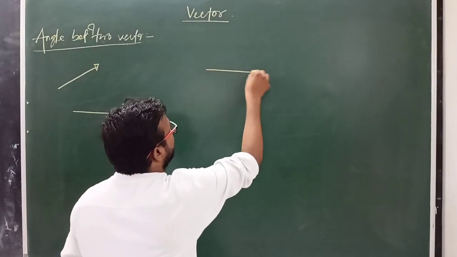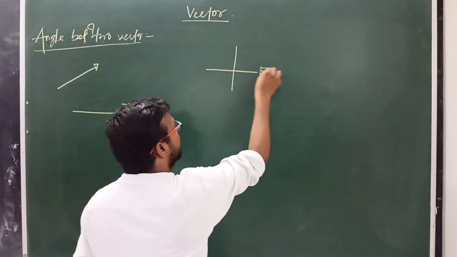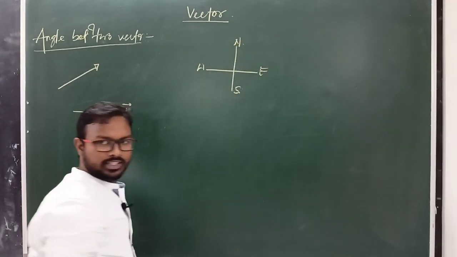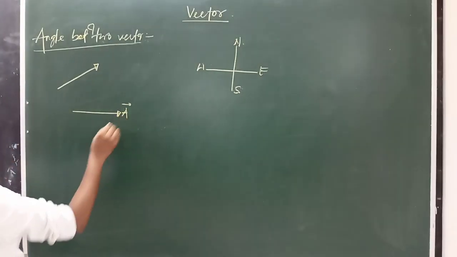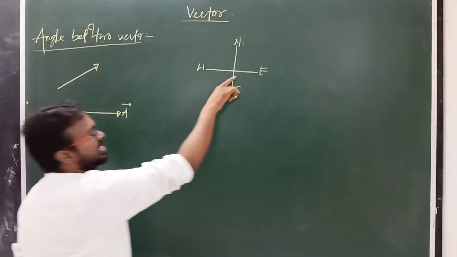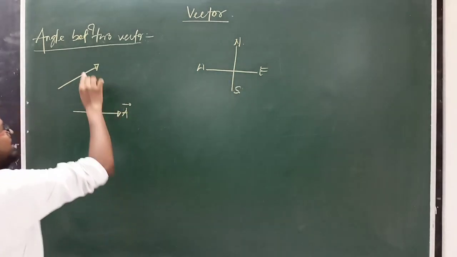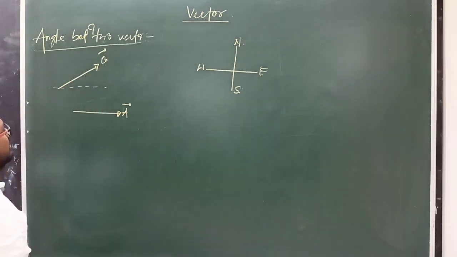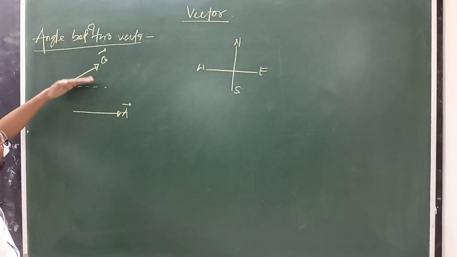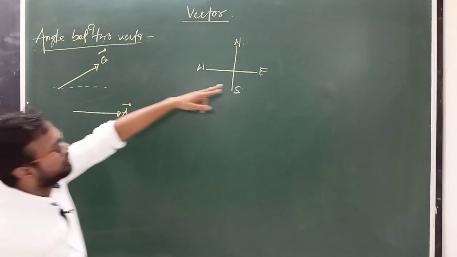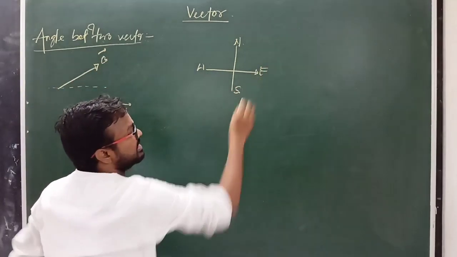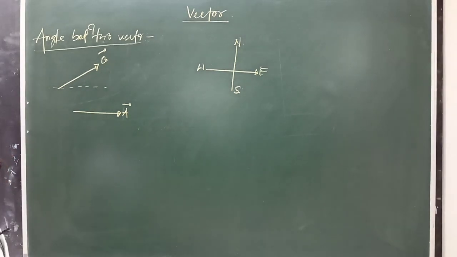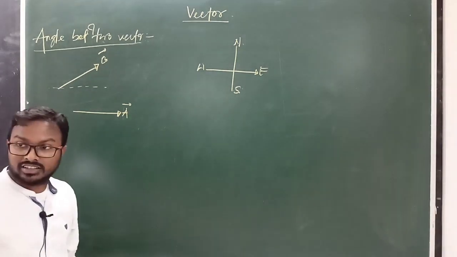I am writing here east, west, north, south directions. So this is A vector, which is towards east, and another vector, B vector, which is directed towards this direction from the east axis. Clear? So in this case we have to find the angle between two vectors.